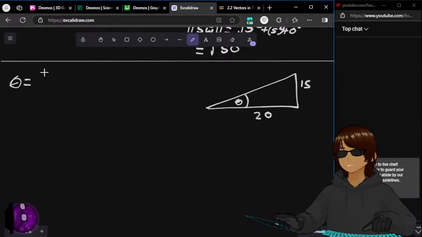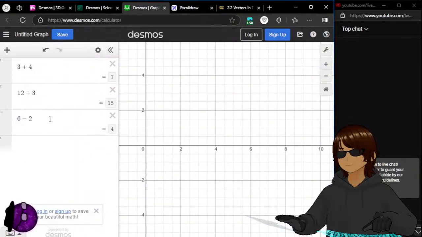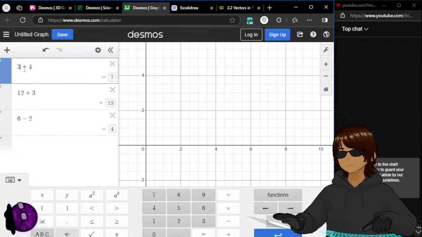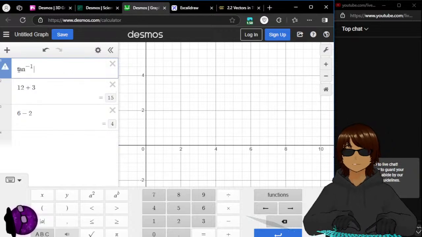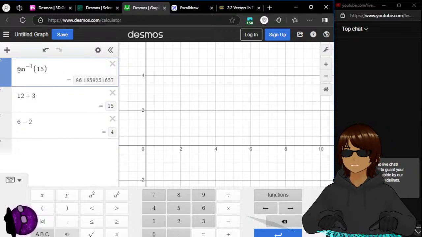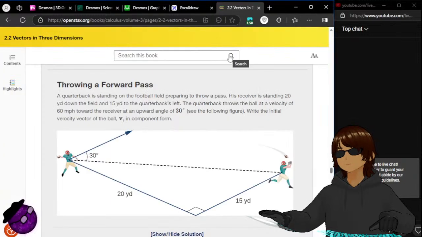Let's do it in degrees. So we have tan theta equals 15 over 20. Yeah, 36.87.